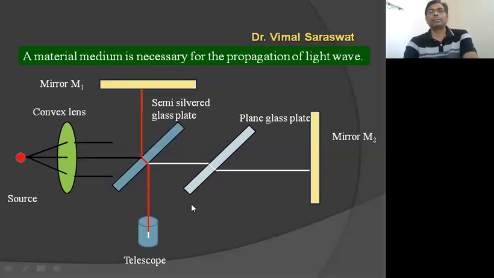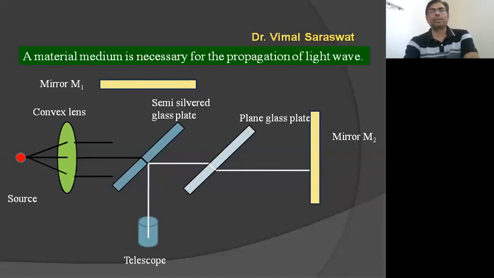If there is no plain glass plate, then what will happen? The light ray, which is refracted by the semi-silvered glass plate, moves in this direction, and after reflection from the mirror M2 goes into the telescope.